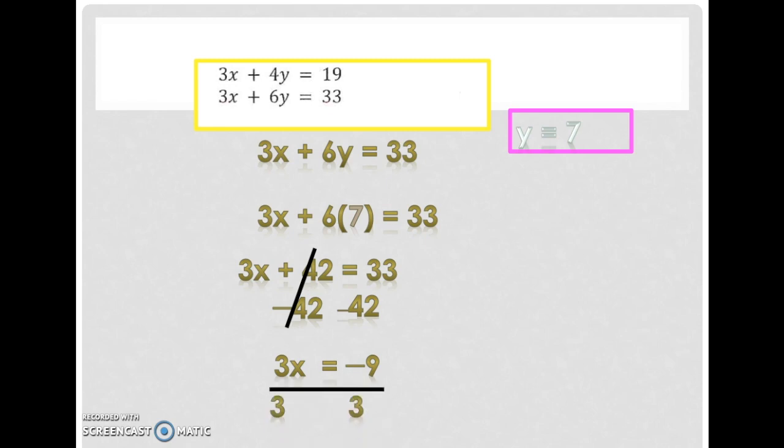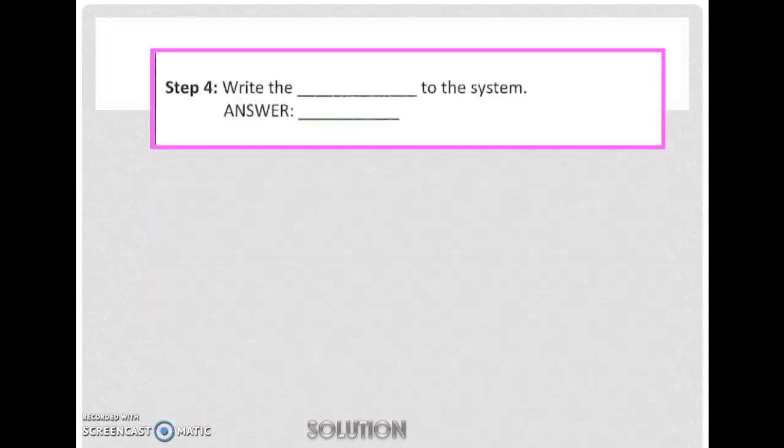Divide both sides by 3. We just found our x value is equal to negative 3. Lastly, we are going to write the solution to the system, which will leave us with (negative 3, 7). Hope that makes sense. Remember, you can always pause, rewind, rewatch as many times as you like.